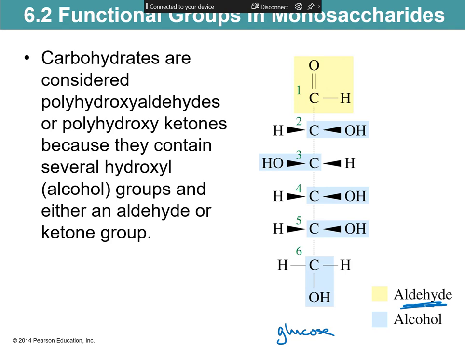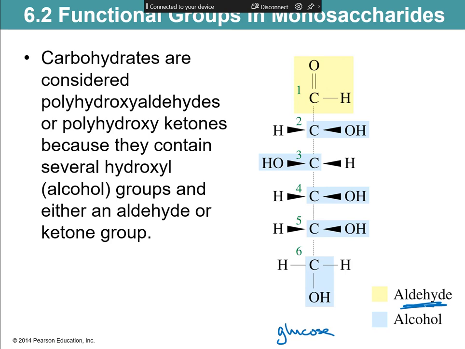So here's that one. That is actually glucose. Here's another one. It's the exact same one. This one's a little more lumpy, it's just from different balls and sticks. So that is a hexose. You see the aldehyde on the end. Look at the double bond oxygen on the end. You would hold it so that that is always at the top. Because it's a 6-carbon sugar, it's a hexose.